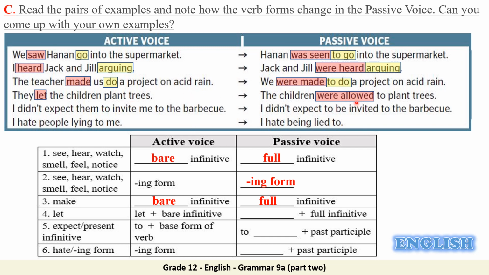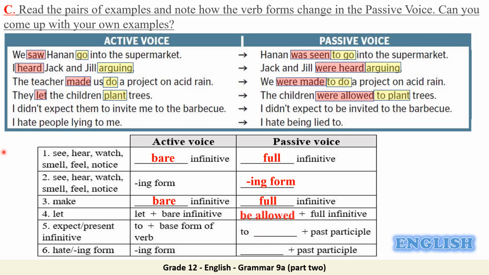But make sure it is preceded properly by an appropriate part of the verb to be: am, is, are when present, was, were when past. And then what happens to the verb plant? The bare infinitive becomes, excellent, a full one. So first we change let into allowed, preceding it with am, is, are, was, or were, it depends. And then we change the bare infinitive into a full one.